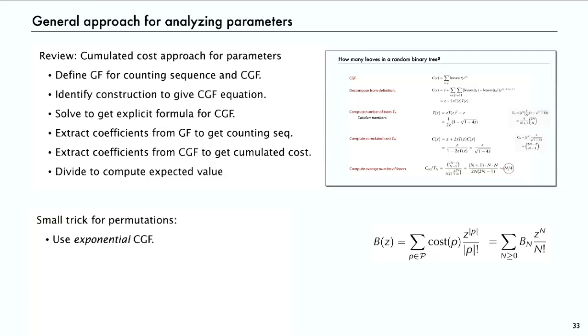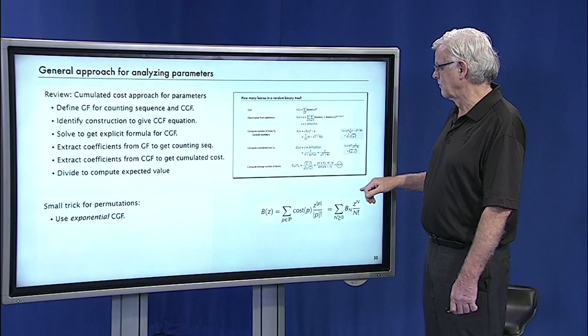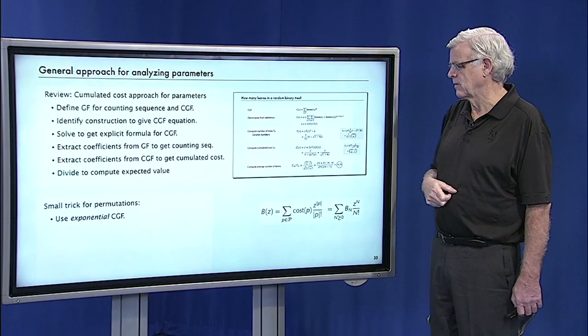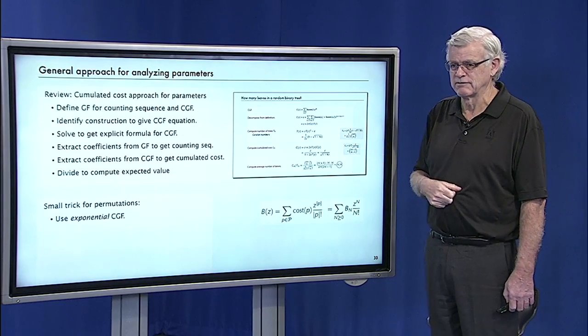It's exponential in the size, so we're going to consider generating functions of the form B(z) equals the sum over all permutations of the cost of the parameter that we're analyzing, times z to the size of the permutation over the size factorial. If you group them by their size, that's z to the n over n factorial times the cost. So it's an exponential cumulative generating function.